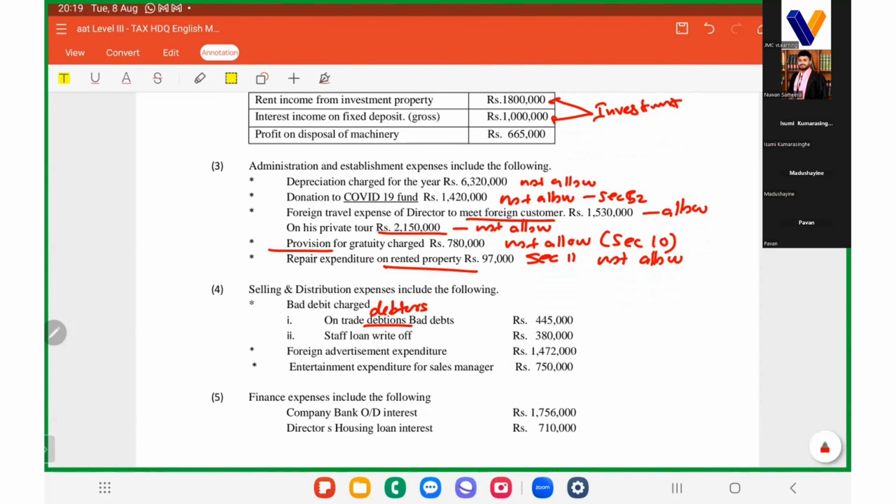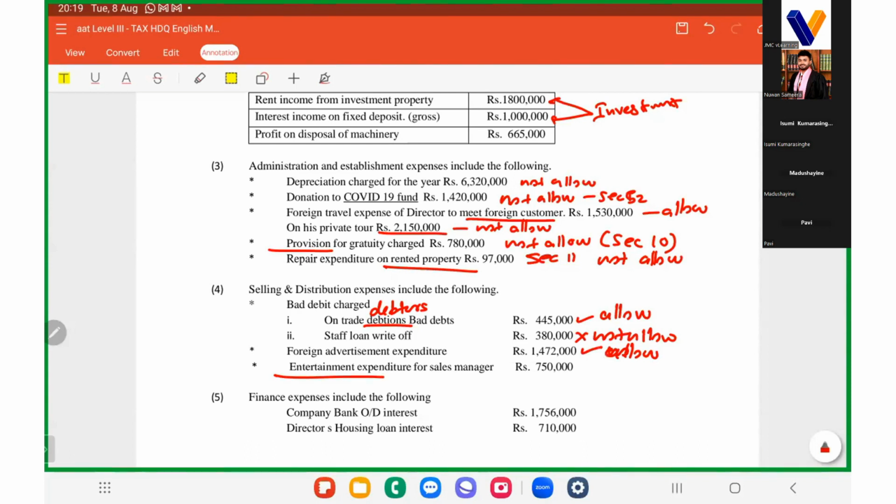The bad debts 445,000, that is allowed. Staff loan, that is not allowed. You only allow actual bad debts relevant to the trade debtor. The foreign advertisement expenses, we have to assume that as business income, so that is allowed to deduct.